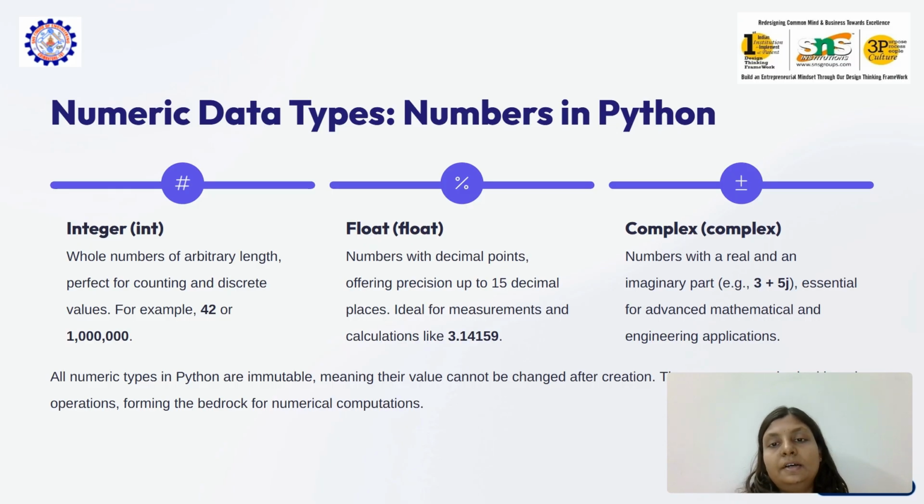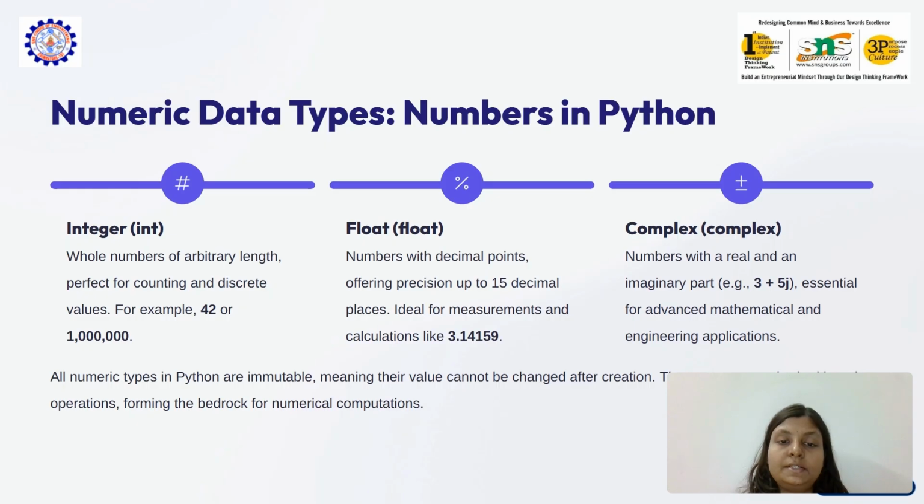Numeric data types, that is the numbers in Python, include integer (int), float, and complex. Integers are whole numbers of arbitrary length, perfect for counting and discrete values, for example, 42 or 1 lakh.